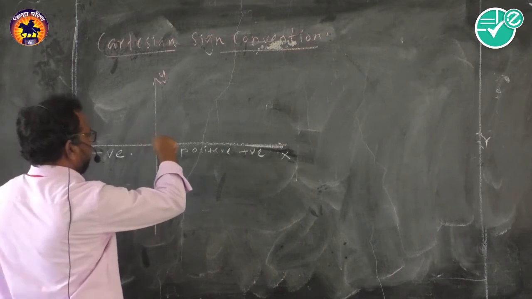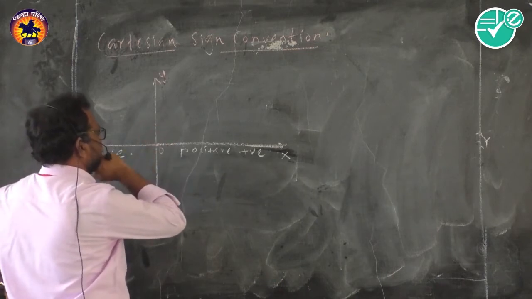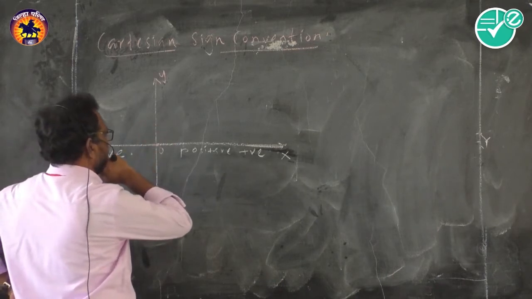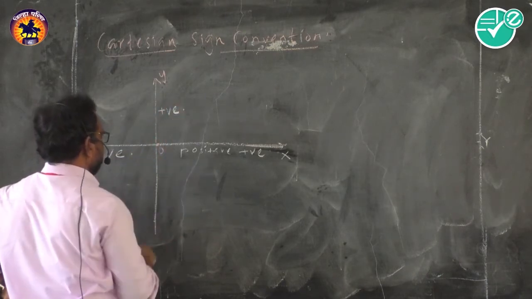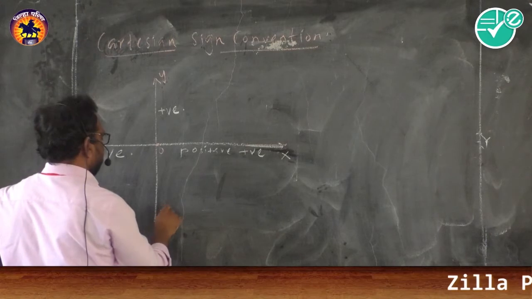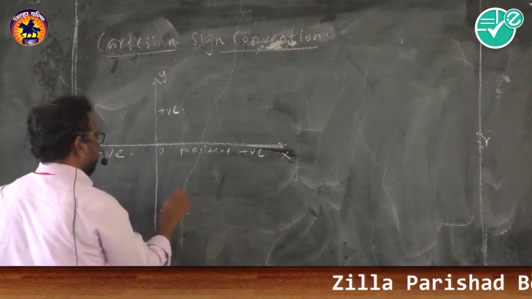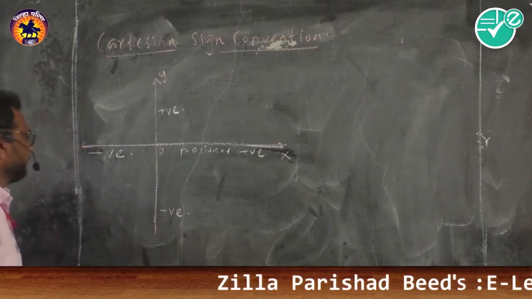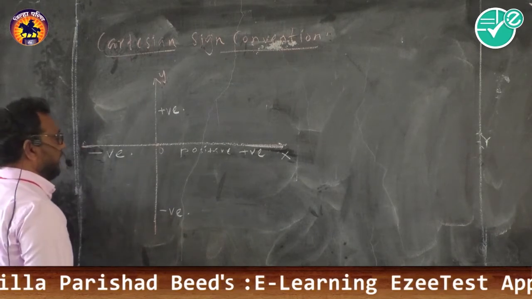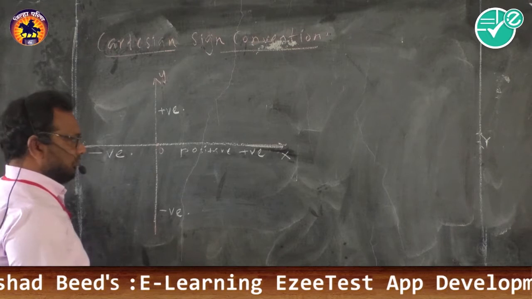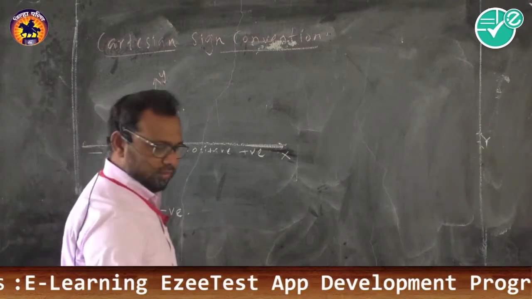Above the origin of this Cartesian geometry, we take all the values positive, and down below the origin we take all the values negative. So this is called the Cartesian sign convention, and a few rules are there also.